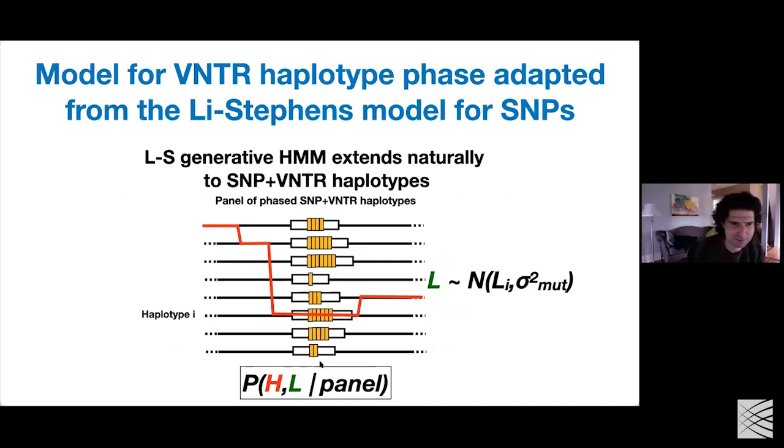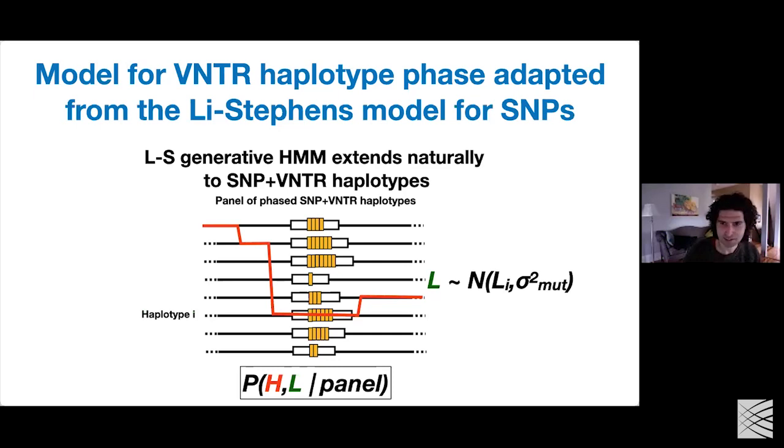Well, this model extends pretty easily and naturally to VNTRs. To generate a new haploid genome from a panel of known SNP and VNTR haplotypes, we simply generate a mosaic of copied haplotypes from the panel as an ordinary Li-Stephens SNP HMM. The SNPs are generated in exactly the same way as in the ordinary Li-Stephens model.